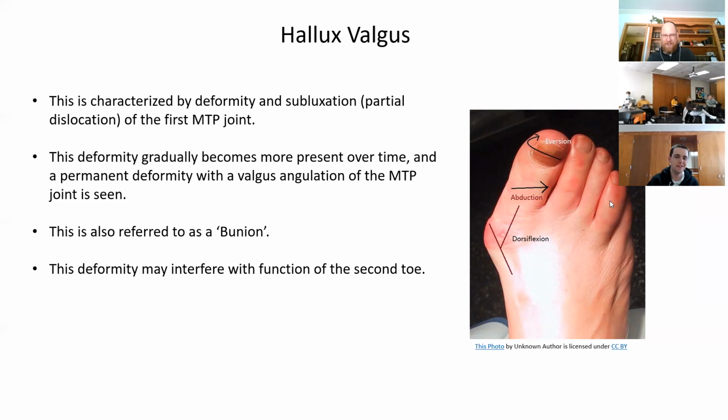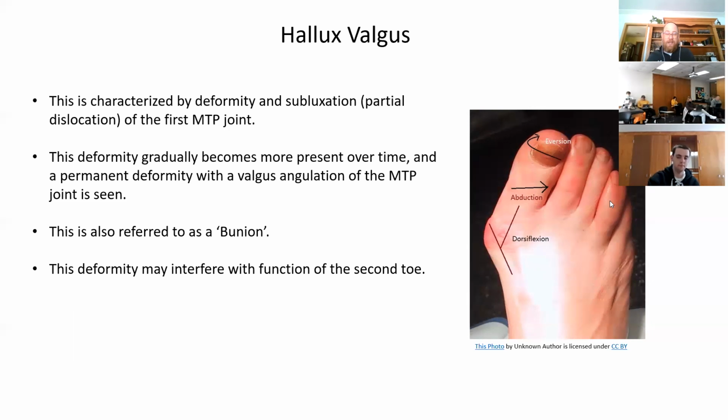Okay, so this is essentially characterized by a deformity of the MTP joint at the great toe. Okay, when I say MTP joint, what do I mean? The metatarsal phalangeal joint.